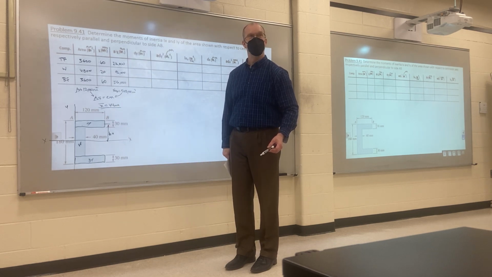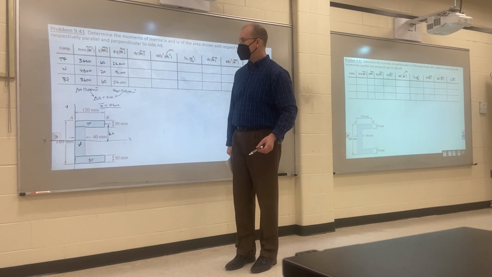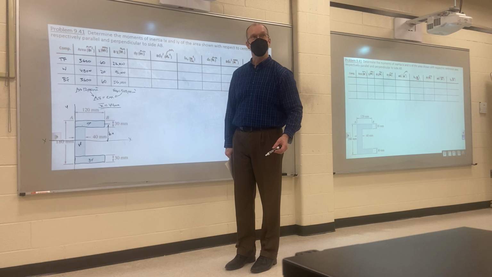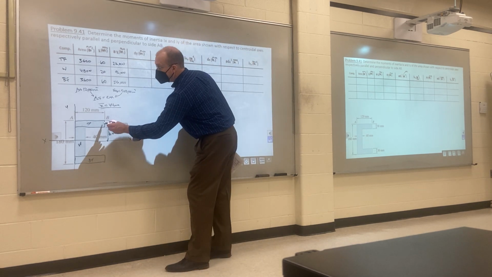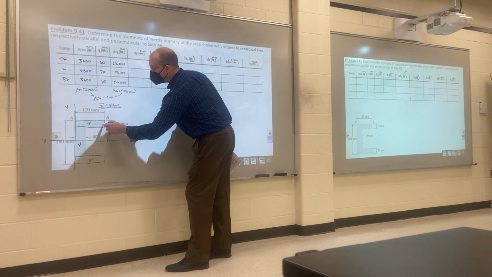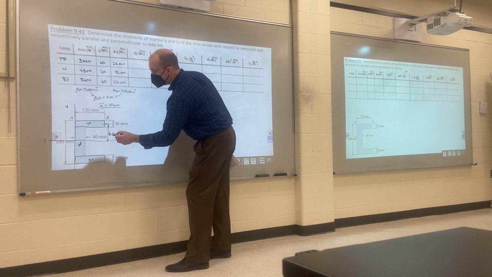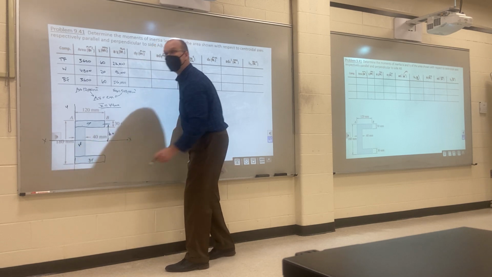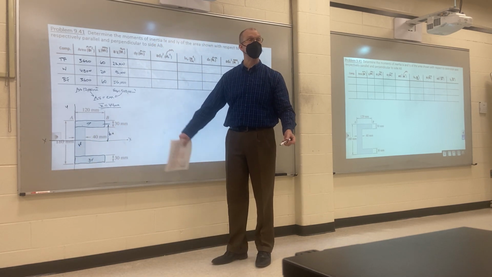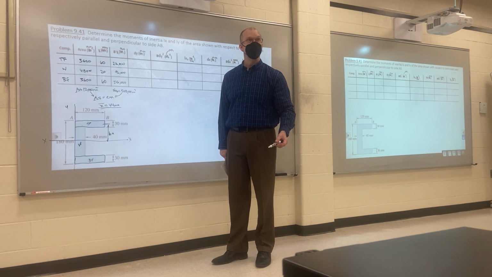Which is the middle object? Yes, the web. The transfer distance by definition is the distance from the centroid of the individual object to the centroid of the composite shape, which we know is the axis of symmetry. So what do you think now?